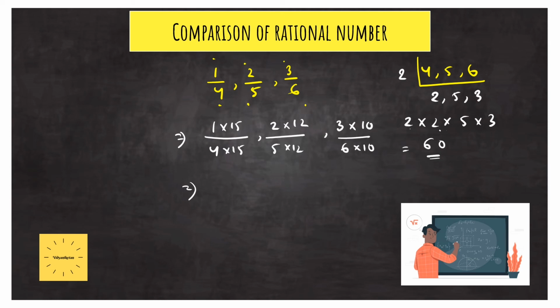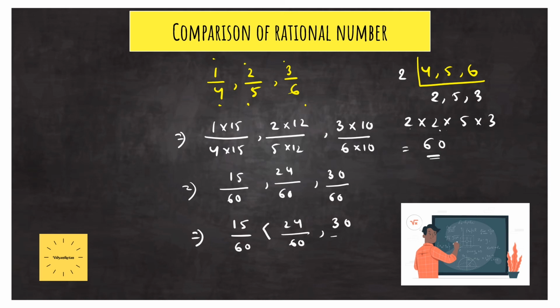Then we have 15 divided by 60, then 24 divided by 60, and 30 divided by 60. I think now it is clear to you. And now we can arrange this: 15 by 60 is less than 24 by 60 is less than 30 by 60.